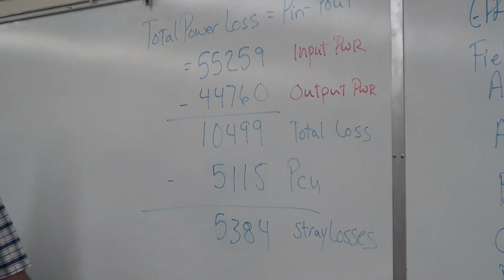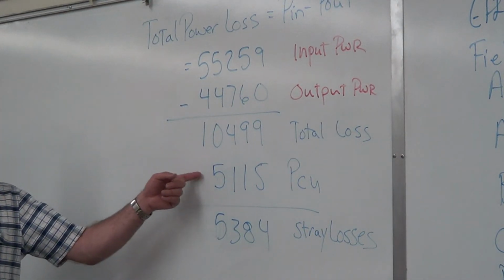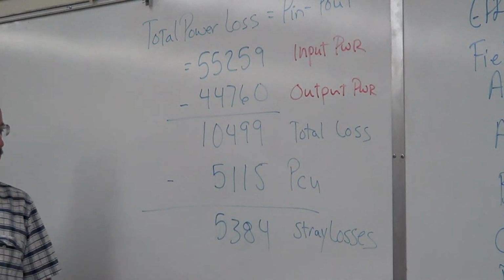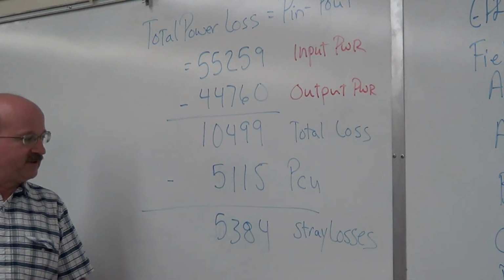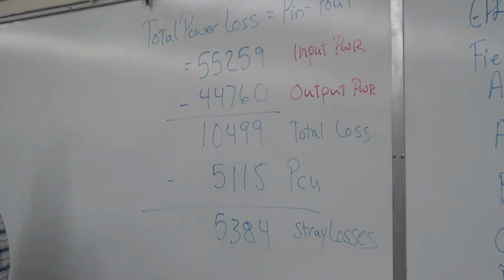Subtract our copper losses, 5,115, and that gives us 5,384 stray losses. Do all that to find the stray losses.